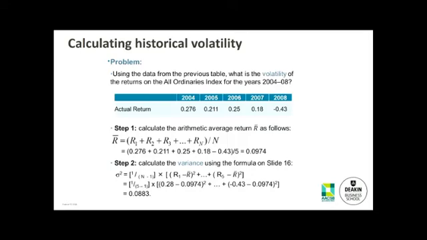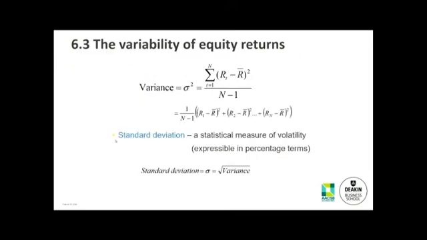Step two is a little bit complex. Basically, we need to calculate the differences of each of the returns from its average. Am I right? Differences of each of the returns from its average, and then take the square, right?